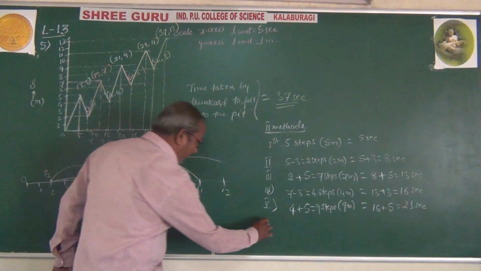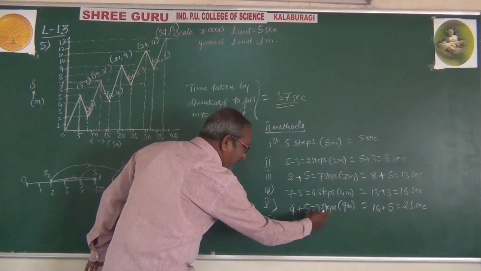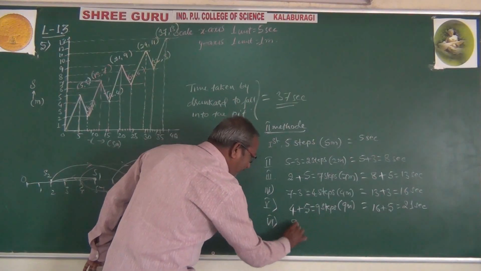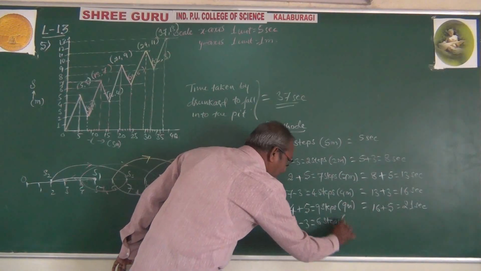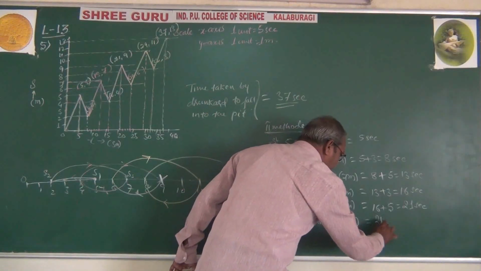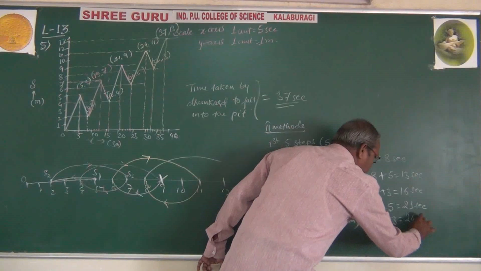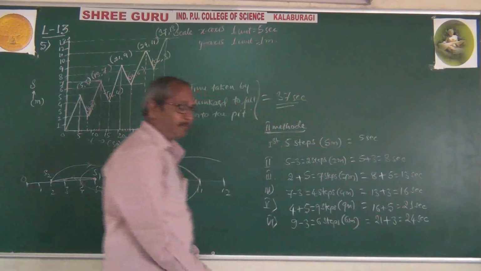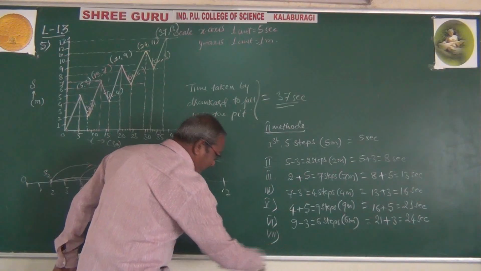Again he will come back. 3 steps backward. 3 steps means here 9 minus 3 equal to 6 steps. Means 6 meters. For this already 21 plus 3 seconds equal to how much? 24 seconds. Now here 7th position.